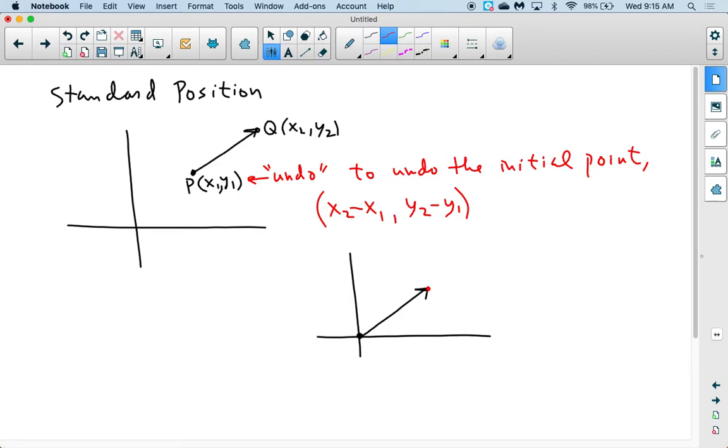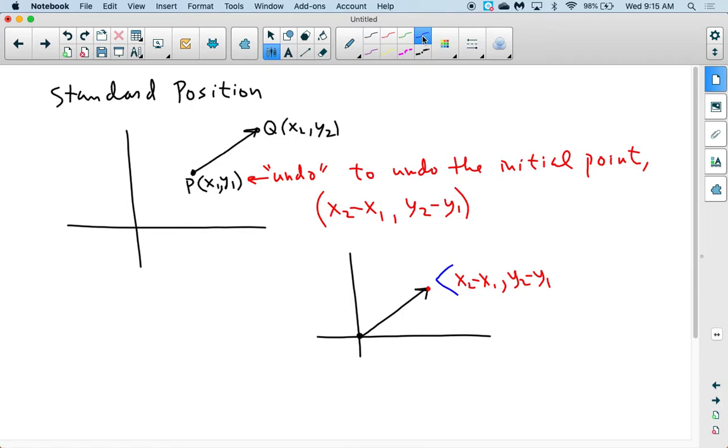To communicate to a reader that the vector is in standard position, we change slightly the parentheses of the ordered pair, and we write them this way. They look like less than, greater than signs: x2 minus x1, comma, y2 minus y1.